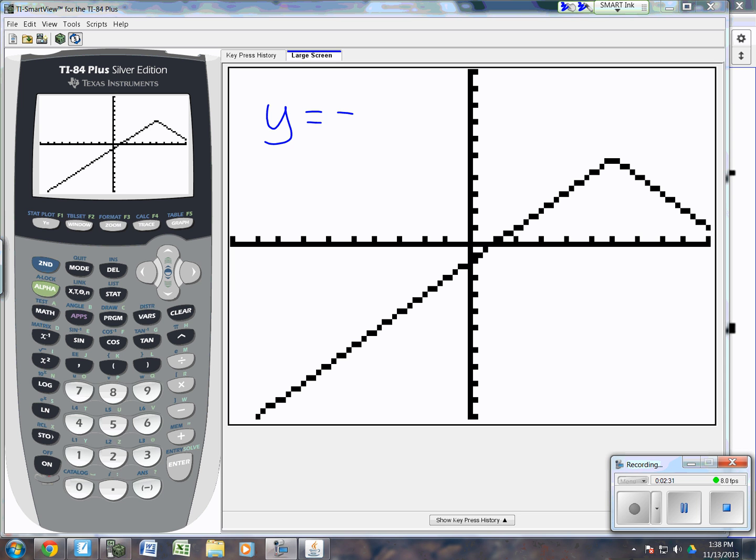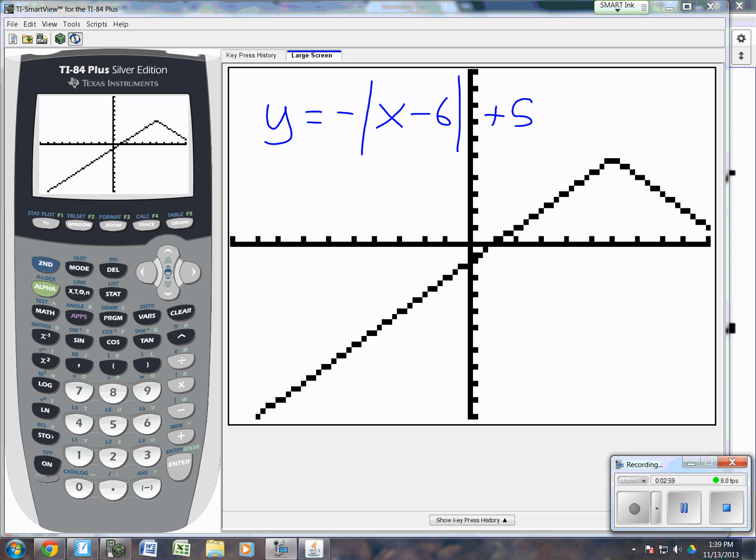You got y equals negative absolute value of x minus 6, plus 5. By the way, on the test, I'm not going to count it against you if you're within 1 unit of 6 or within 1 unit of 5, whatever the answer is, okay? If you're off more than that, that's because you're not paying attention closely. But I can see how you can be off 1. So I'll allow you to be off 1, but not more than that, okay?